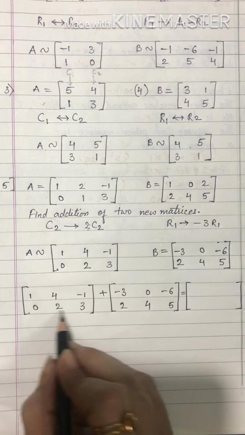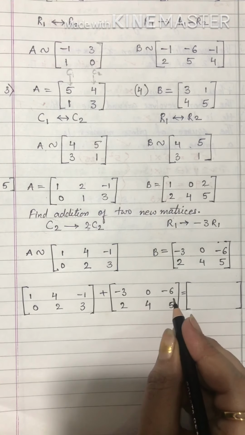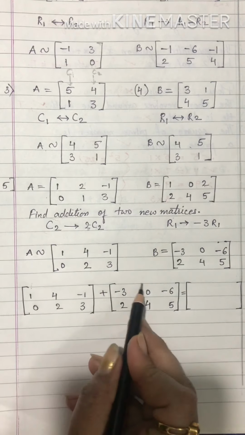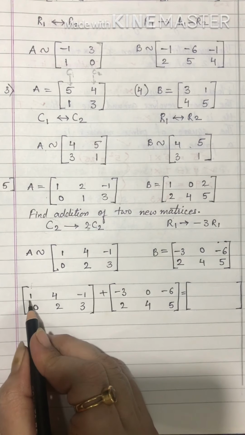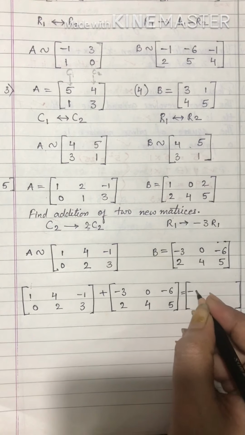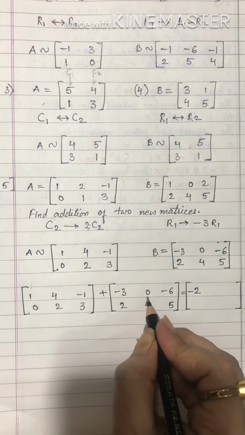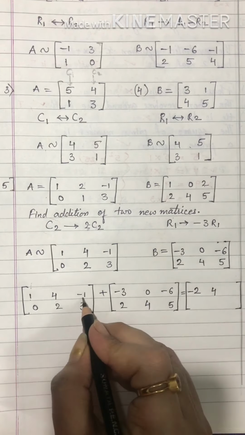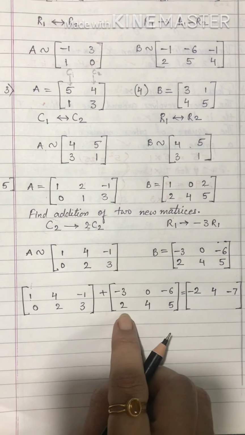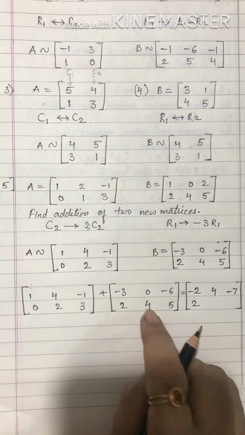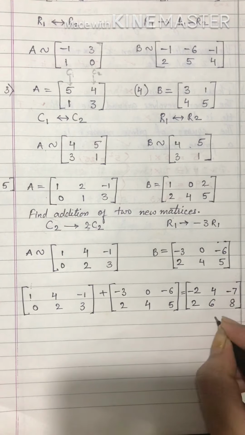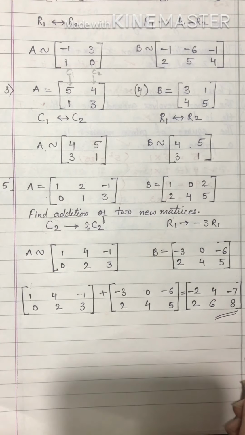As in this case we have 2 by 3 and this matrix is also of order 2 by 3, so addition is possible. And how do we add? We add the corresponding elements of the two matrices, as in here 1 plus minus 3 gives you minus 2, then 4 plus 0 gives you 4, minus 1 minus 6 gives you minus 7, 0 plus 2 gives you 2, 2 plus 4 is 6, and 3 plus 5 is 8. Here the sum is done.